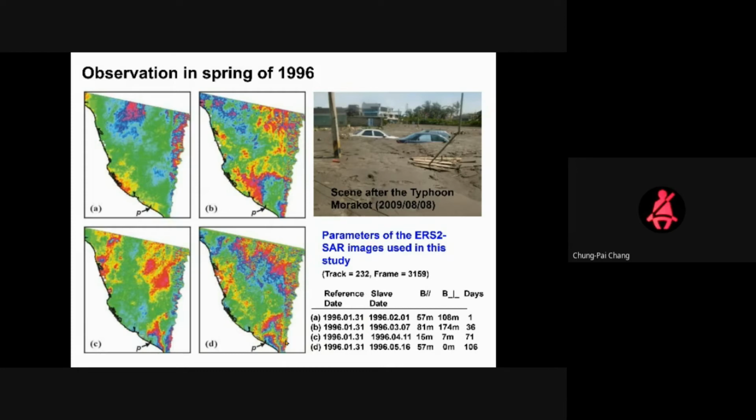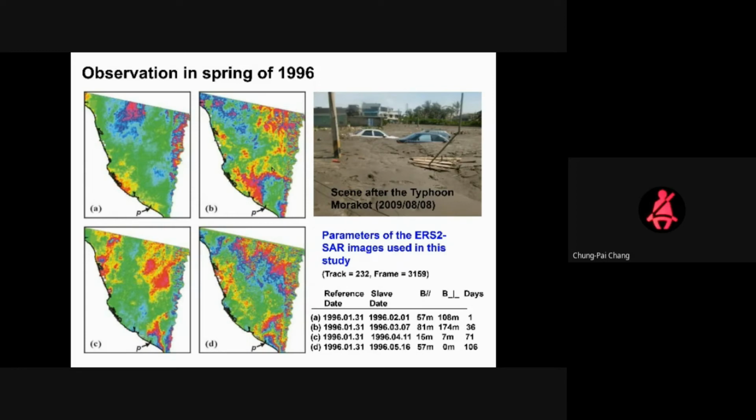So that's why, during the period from the 1990s to the 2000s, each typhoon could cause huge damage to this area. Here you can see after the typhoon, all the cars are covered by mud. So this is a flooded area.